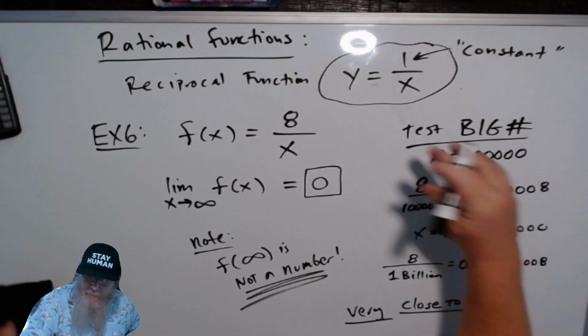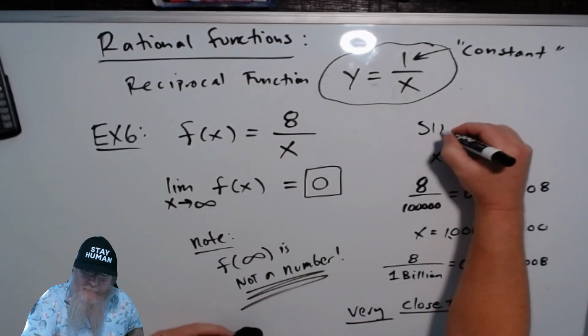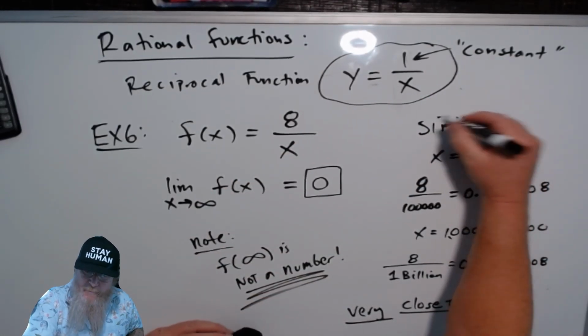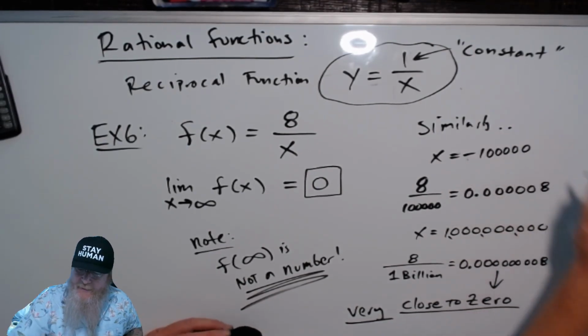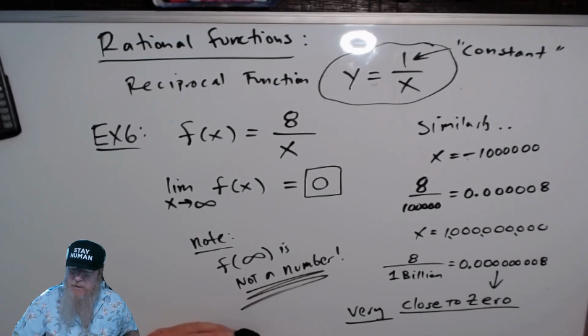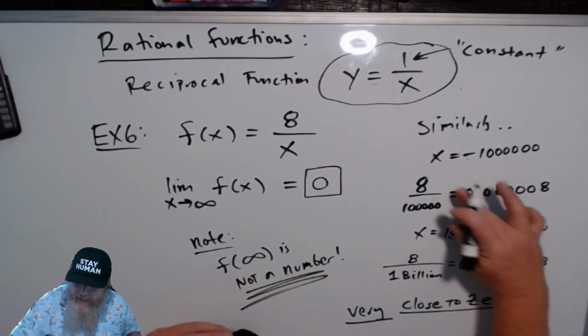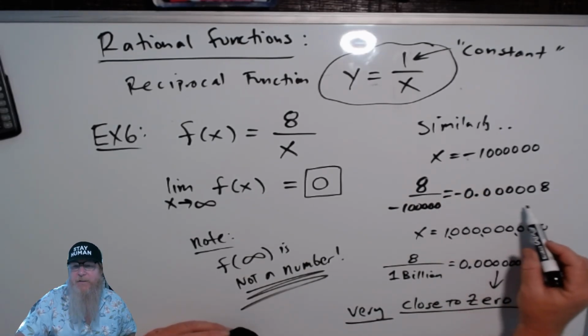Similarly, if I do negative a million, is that a million? Yeah. I'm just going to get negative 0.00008.